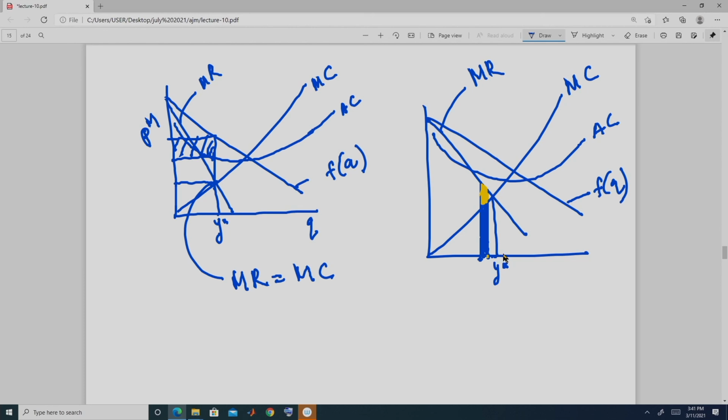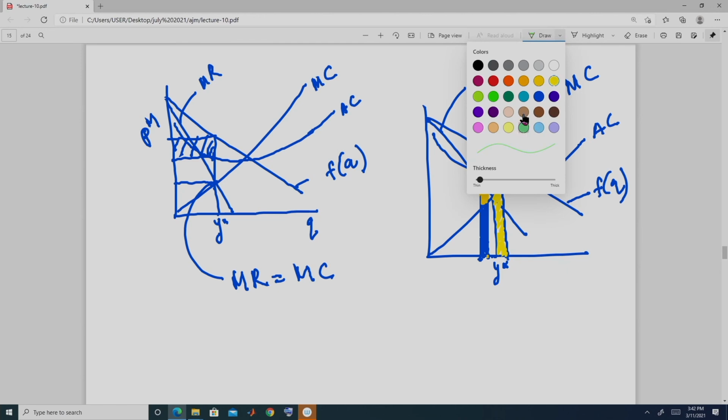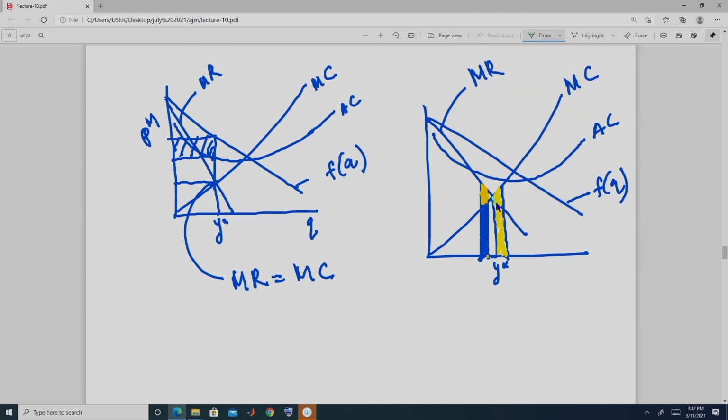If it produces more than this Y star here, then what is happening? Total additional cost is given by this whole yellow portion, but the total additional revenue is only given by this region.